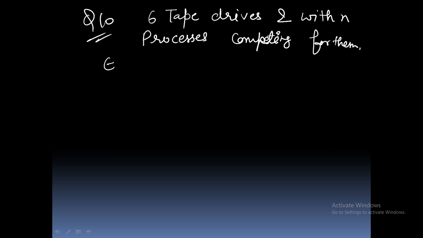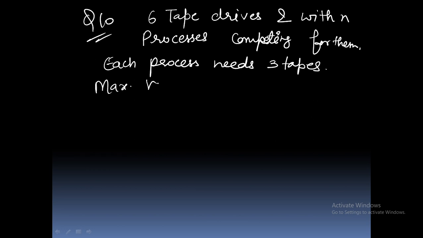Each process needs 3 tapes. We have to find out the maximum value of n for which the system is guaranteed to be deadlock free.